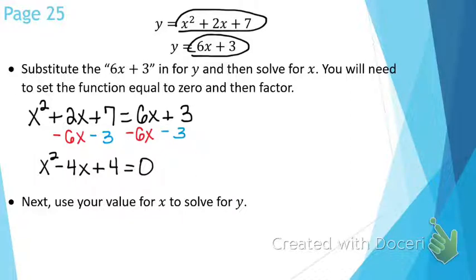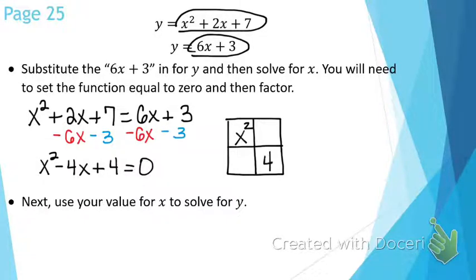So let's go ahead and factor that down. In order to factor it down, we need to find two numbers that multiply to be 4 and add to negative 4. I'm going to give you a moment to think about what those two numbers are.